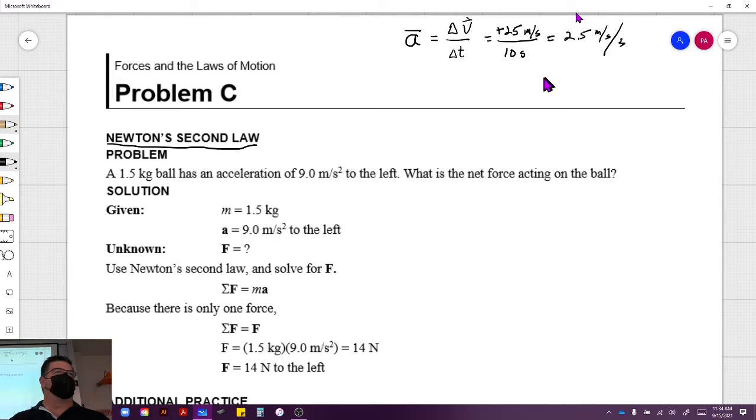That's 25 meters per second every second, which simplifies to 2.5 meters per second squared, and that's how we get that squared in the acceleration units. That'll be a positive value. So our velocity will change at a rate of 2.5 meters per second every second.